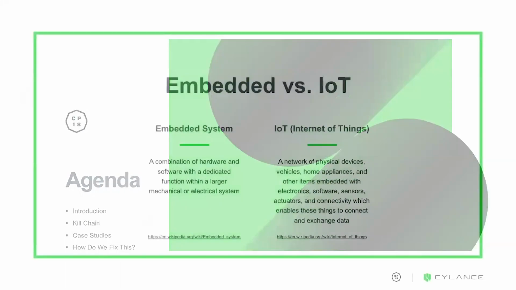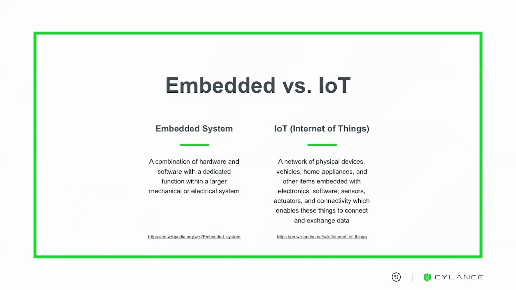So firstly, very quickly, embedded versus IoT, because these terms get used interchangeably a lot. What are the differences, right? An embedded system is just that. It's a system, right? A combination of hardware and software that performs some sort of function. It's generally a microcontroller and associated flash memory embedded in a larger system that does something, generally something in the kinetic world that performs some sort of function, right?